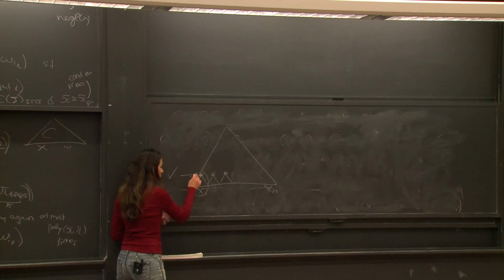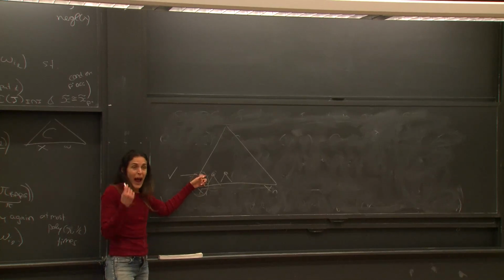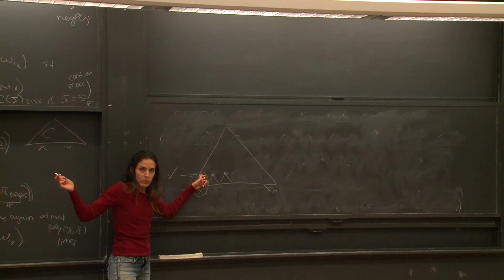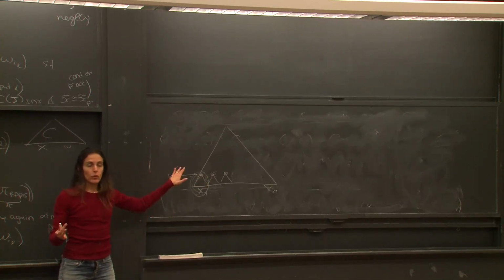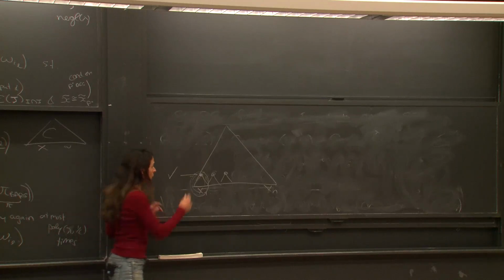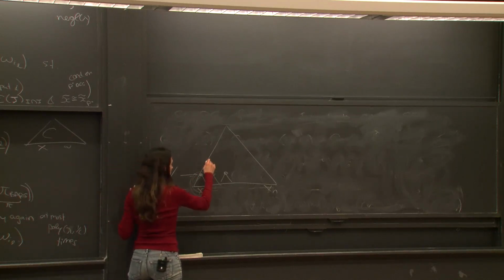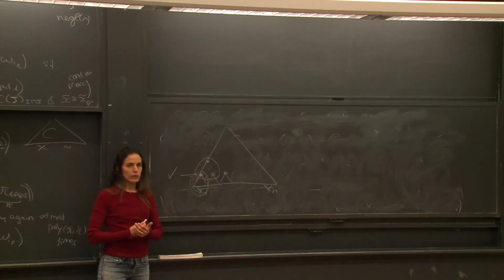Layer 1. What does the cheating prover give me? He gives me an assignment. Now, I know it's locally satisfiable, which means it satisfies the gate, so it's correct. So layer 1 is correct. Let's go to layer 2. I'm going to ask him these. I want to argue that this is correct.